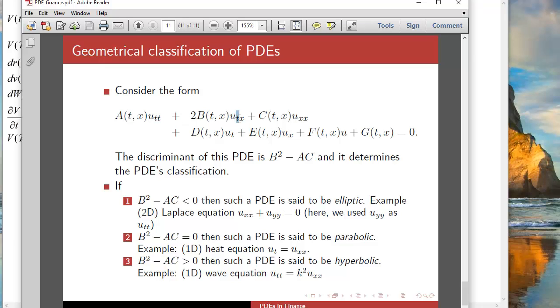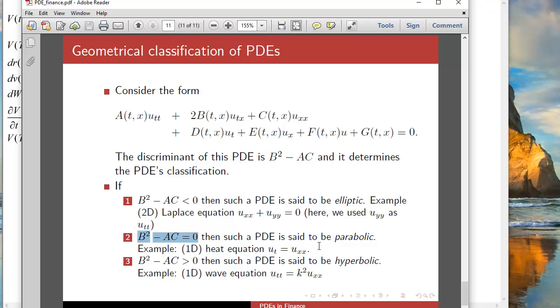You also never get this term, because you never get from the Feynman-Kac the second order partial with respect to time and the spatial variable. So if A and B are always 0 by the Feynman-Kac theorem, then this discriminant will always be 0, and this guarantees that you are always dealing with parabolic partial differential equations.